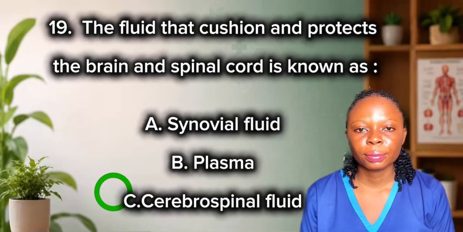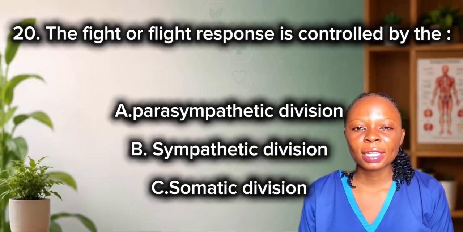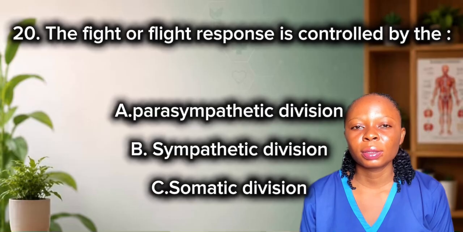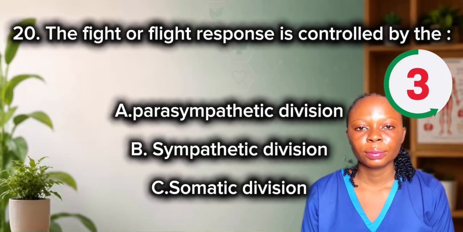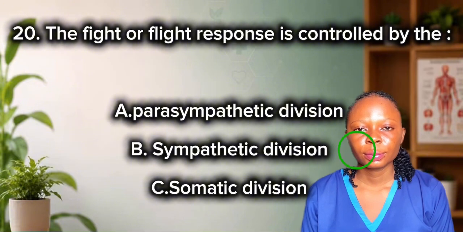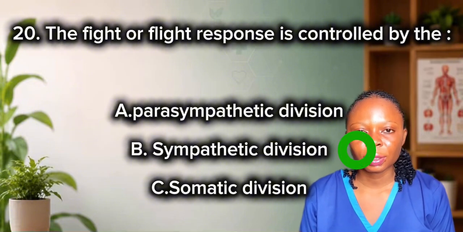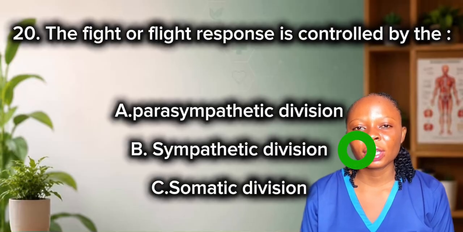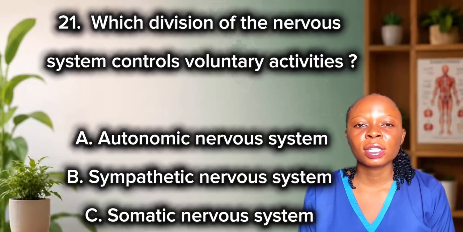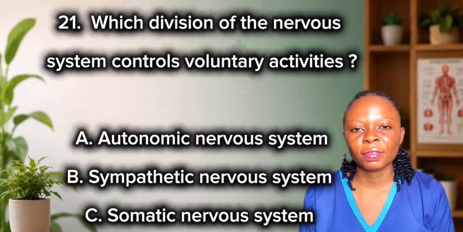cerebrospinal fluid. The fight or flight response is controlled by the sympathetic division. The sympathetic division prepares the body for stressful situations. Which division of nervous system controls voluntary activities?